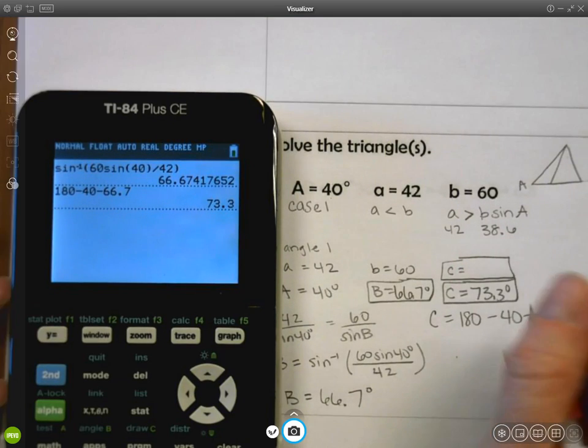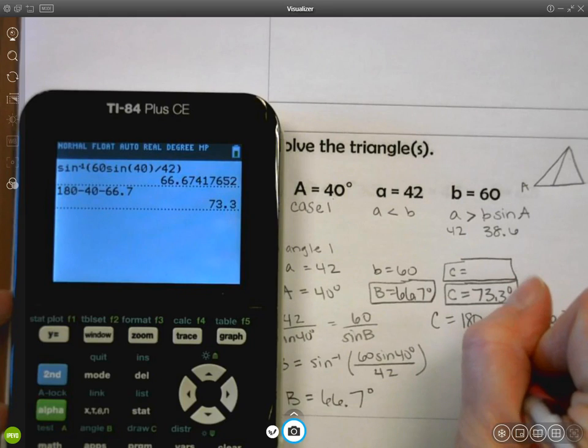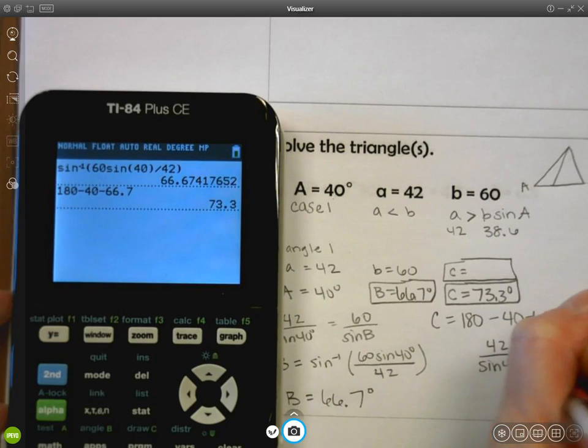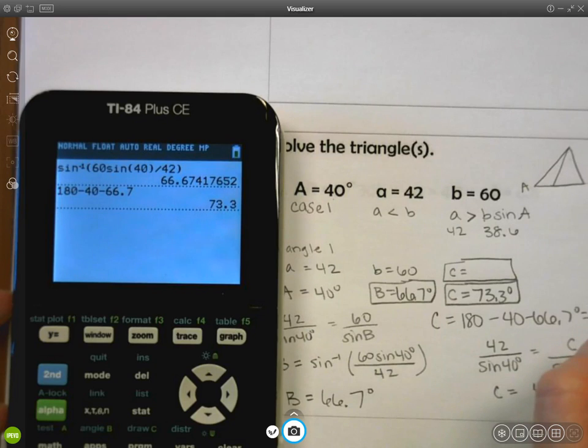And then to find side C, I can set up 42 over sine 40 equals C over sine of 73.3. So C is 42 times the sine of 73.3 divided by the sine of 40.